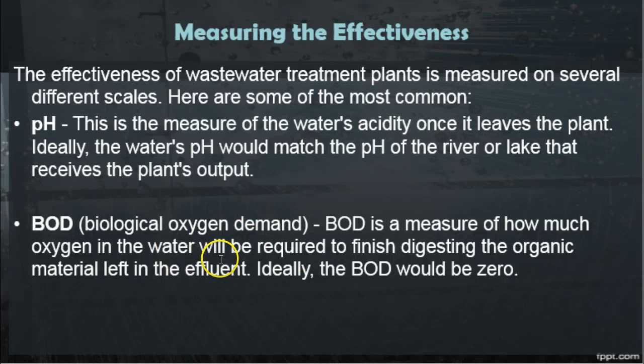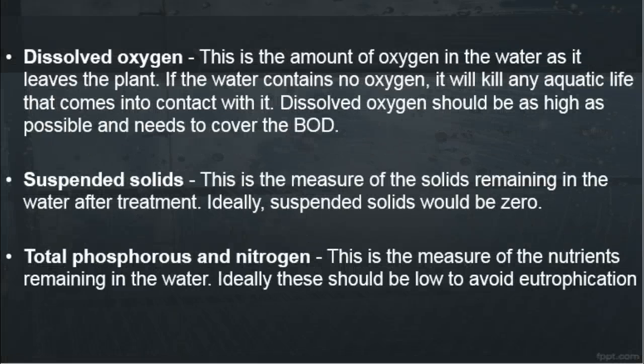You want it to be mostly gone already. Because if they're using up all the oxygen to break down these organic materials, that's eutrophication. You're going to get a dead zone where nothing can survive because you're going to use up all the oxygen doing that.